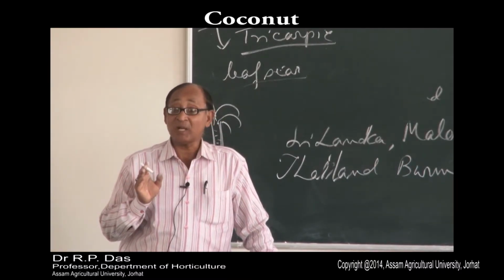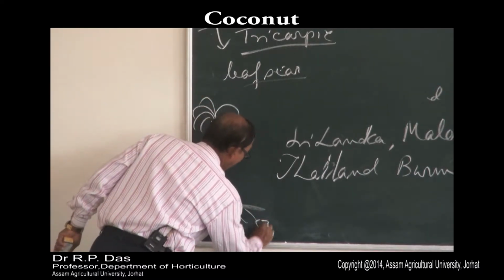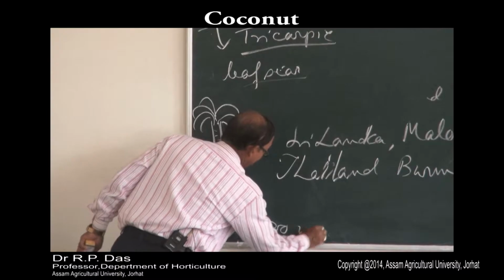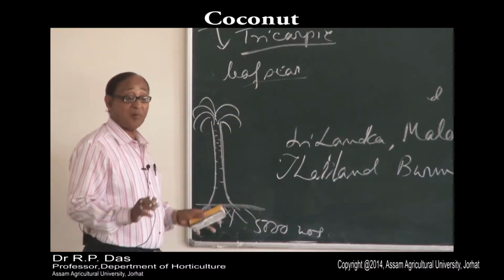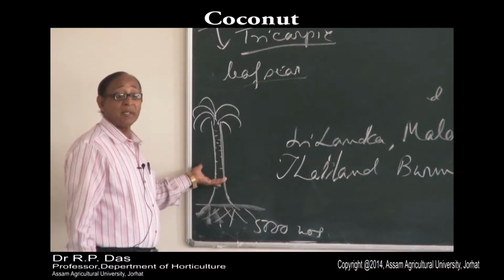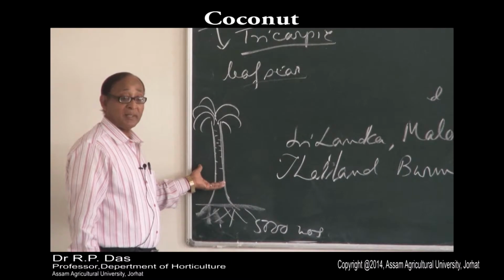A 15-year-old coconut plant has 5,000 roots, sufficient for good growth, good production and quality nuts.